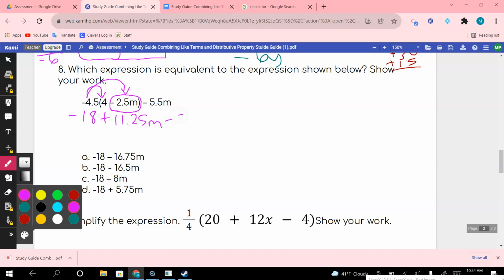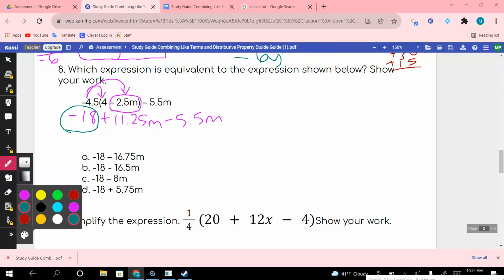And then we have minus 5.5 m because it was not inside the parentheses. Put together our like terms. So we have that negative 18 in there because it does not have any like terms. All four of them have that minus 18 in them, so that doesn't really help me eliminate anything.